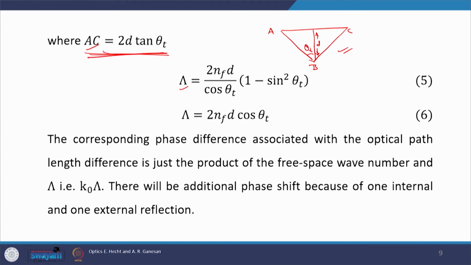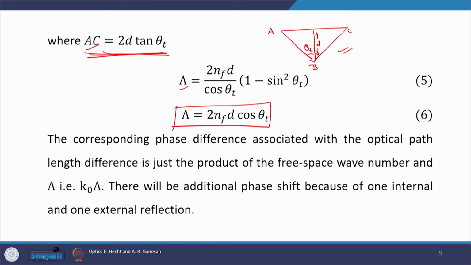Now, a bit of simple mathematics will give this very simplified expression for the optical path length difference, which is equal to 2 NF d cos theta t. NF is the refractive index of the film, d is its thickness, and theta t is the angle of transmission, the first transmission.